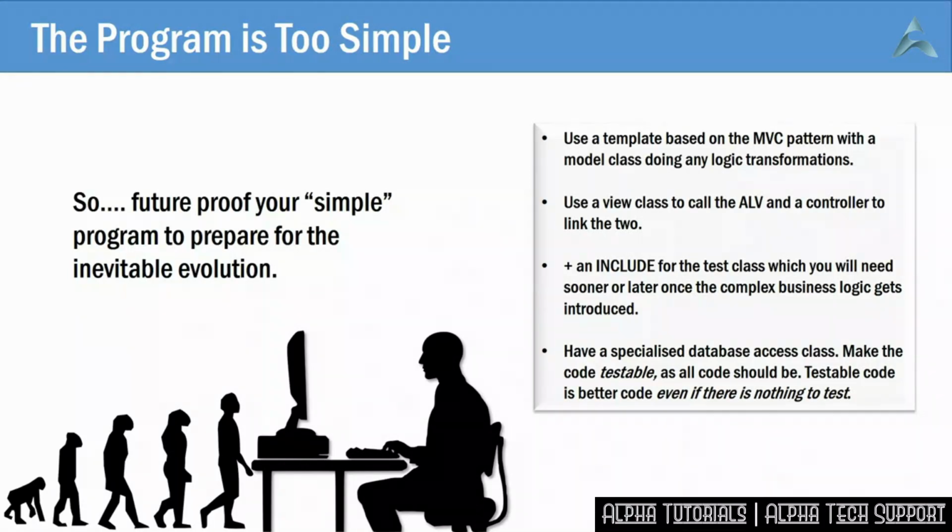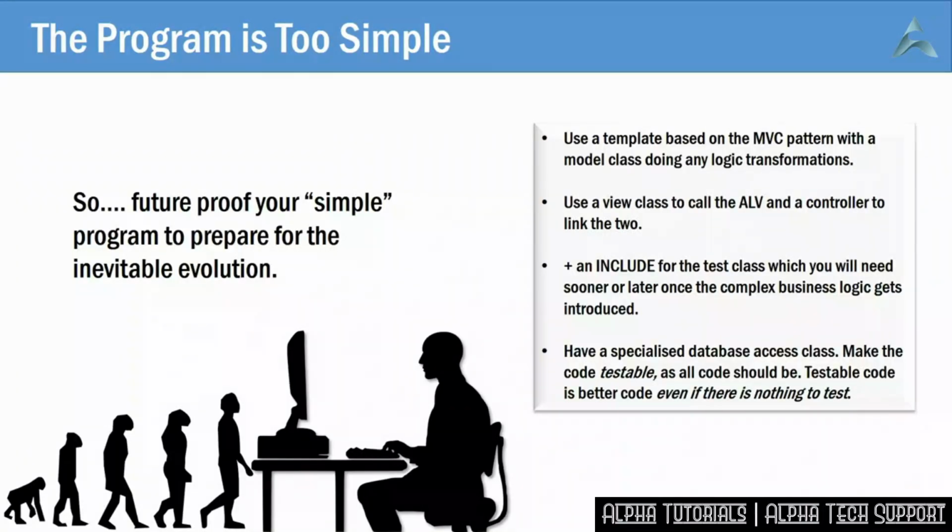Why not create such programs using a template based on the MVC pattern? That stands for Model View Controller, by the way. Most famous design pattern there is. You have a model class doing any logic transformations, calculations and such. There aren't any at the start, but might as well have a place for them because they will arrive sooner or later. A view class to call the ALV and a controller to link the two.